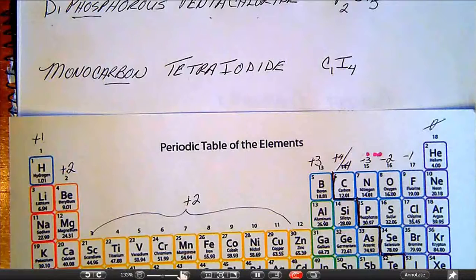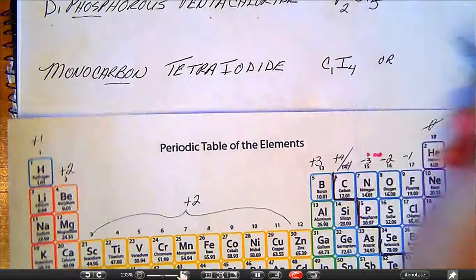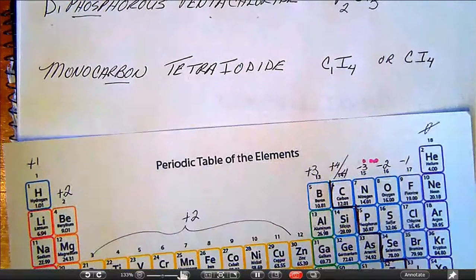So as I said, you can leave the 1 if you want. The more correct way to write it is like that. Writing the chemical formulas for the covalent compounds doesn't get any more difficult than this, and so now I'm going to move to the ionic compounds.